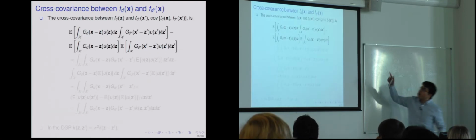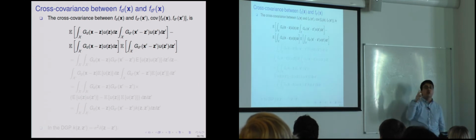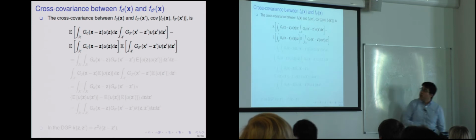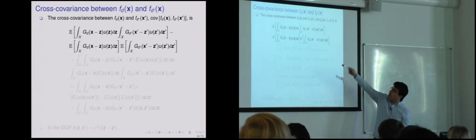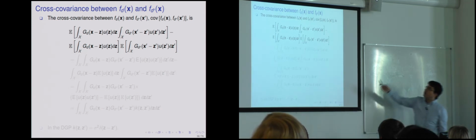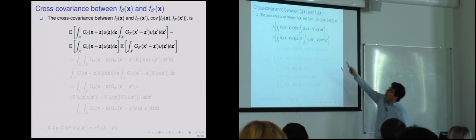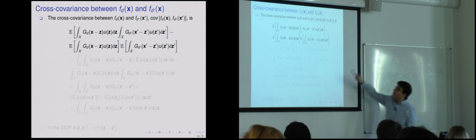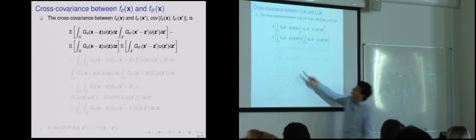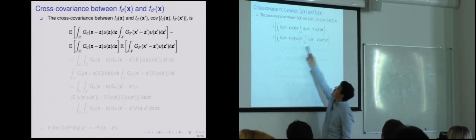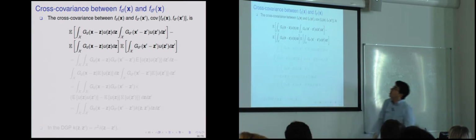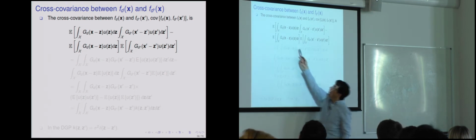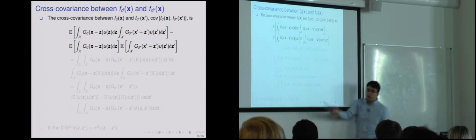So let us compute the covariance, or the cross covariance, between two processes that are represented using that integral that we saw before. I use the definition for the covariance. This is the expected value of f_d(x) times f_d'(x'), minus the expected value of the first term times the expected value of the second term.